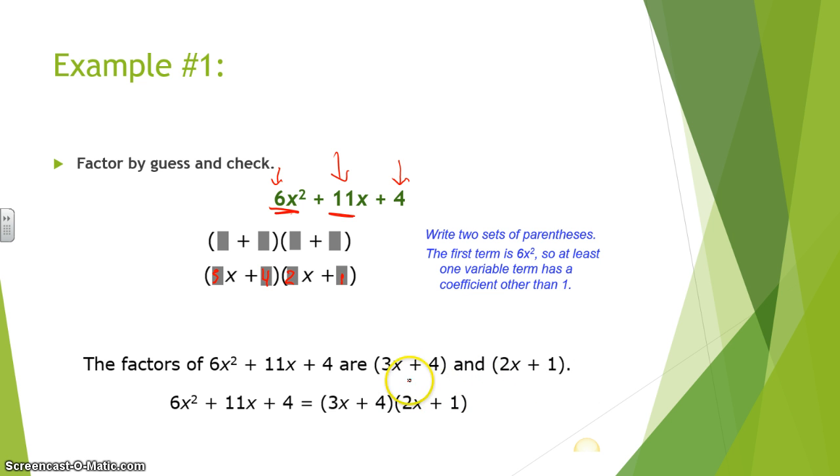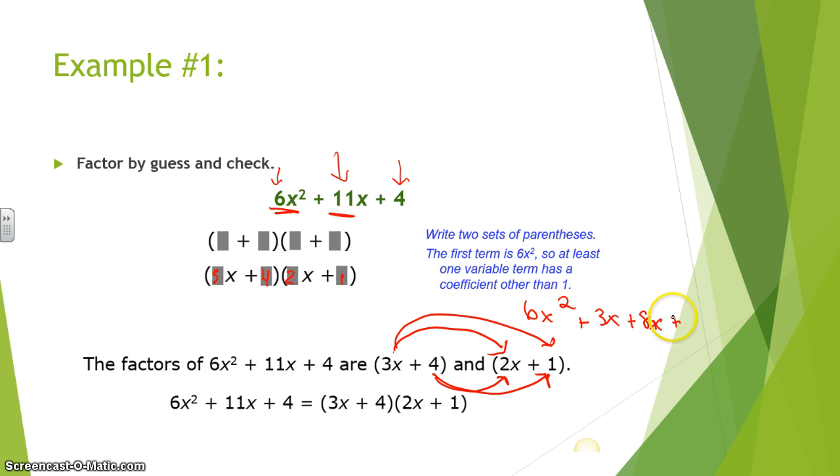And in order to check it, you can use the FOIL method. So you do 3x times 2x is going to give me 6x squared. 3x times 1 is going to give me 3x. Then 4 times 2x is going to give me 8x. And then 4 times 1 is going to give me 4.